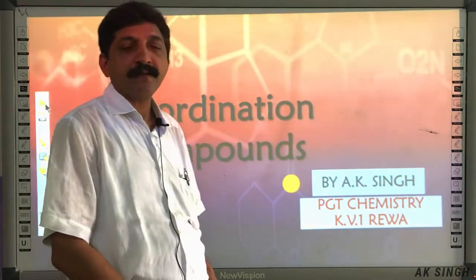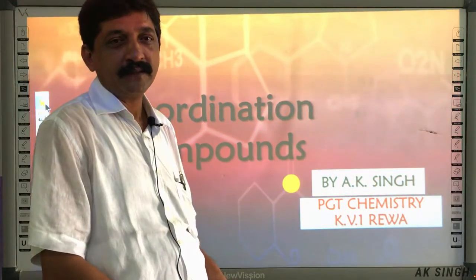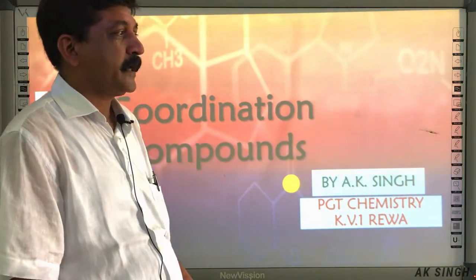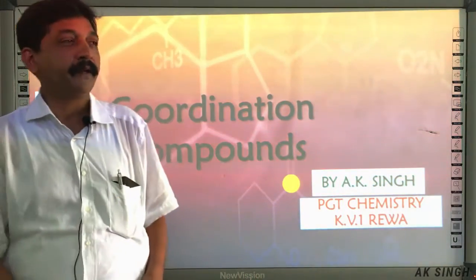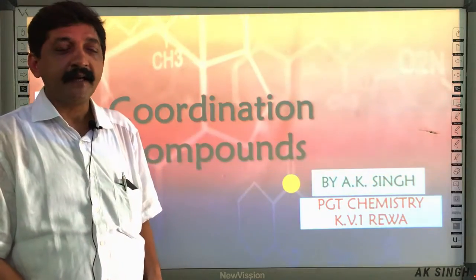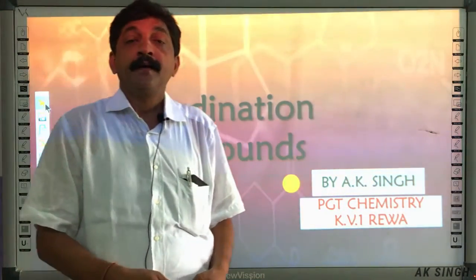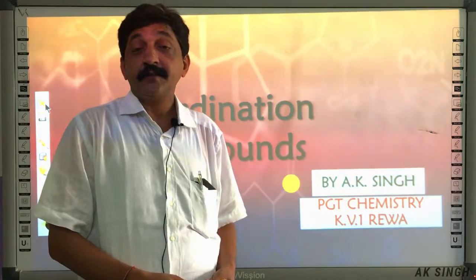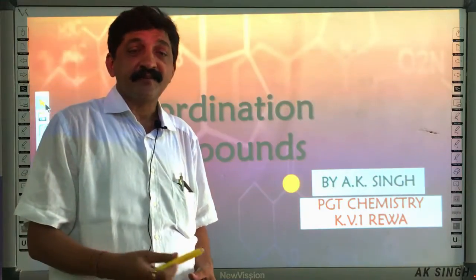At least 3 marks questions are asked in the CBSE board examination. This chapter is important because these compounds have wide applications in various fields such as agriculture, medicine, various industries.